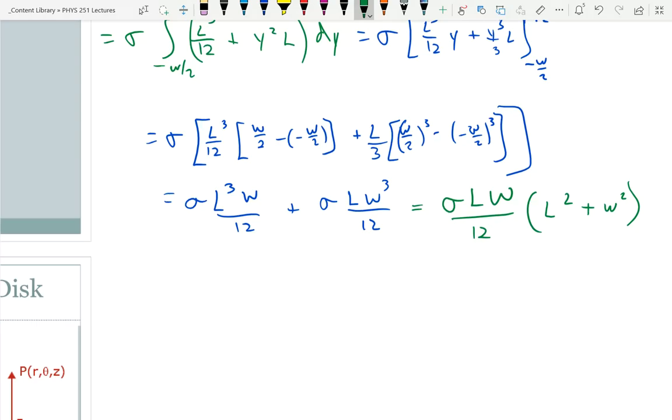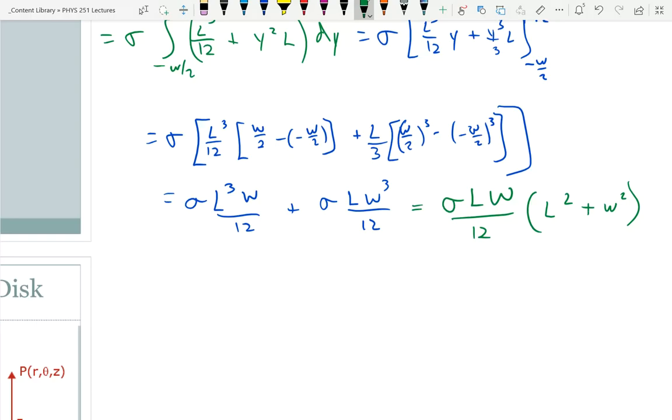I asked the question because it's important that we remember what we're working with, and it's been a week. Sigma was the areal density, the mass per unit area.